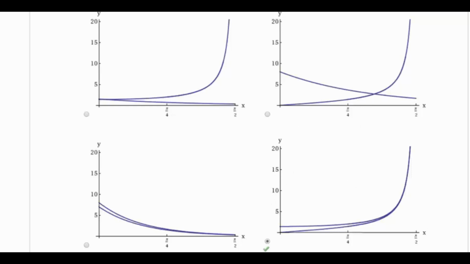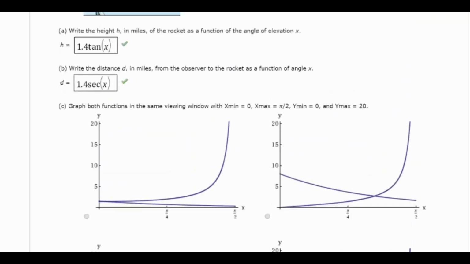But then furthermore, I know that d equals 1.4 secant x, or 1.4 over the cosine of x. But the cosine of x is a height of 1 at 0. So you plug in 0, you'll get secant of 0 equals 1 also. So when you plug in 0 for x, you get 1.4.